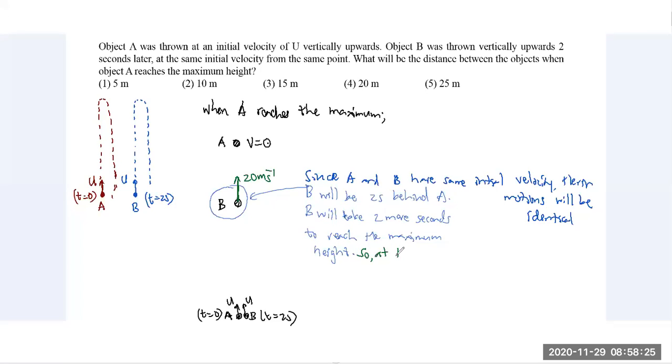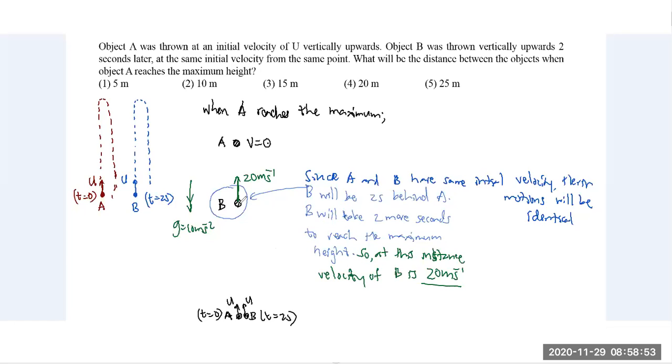So at this instance, the velocity of B is 20 meters per second. Why is that? Because of gravity. The gravity is 10 m/s². Every second, when an object moves vertically upwards against gravity, its velocity will reduce by 10 meters per second.